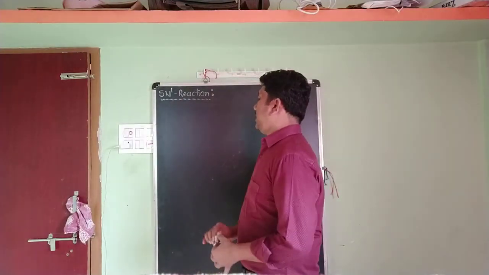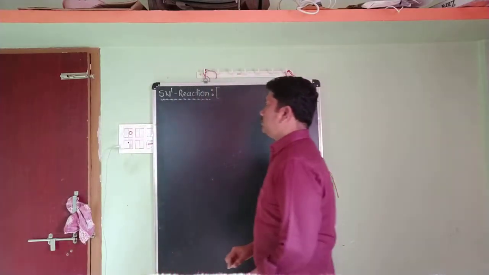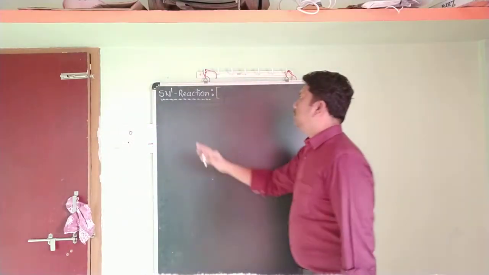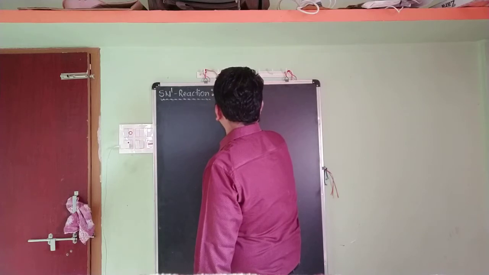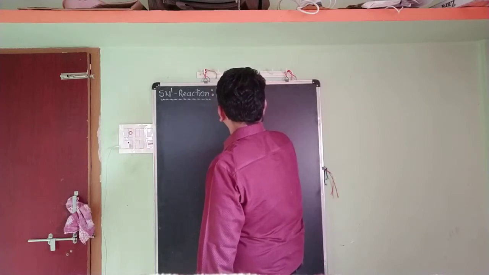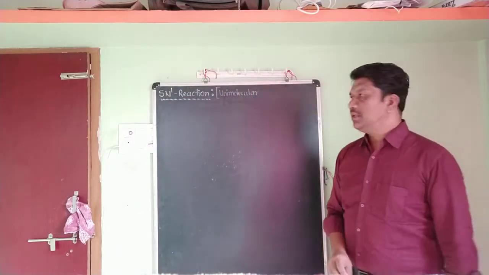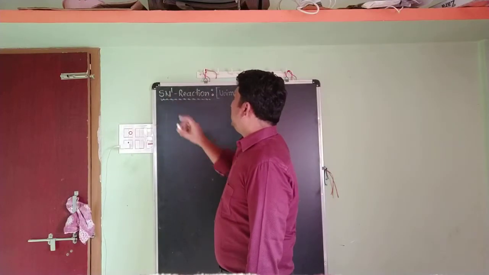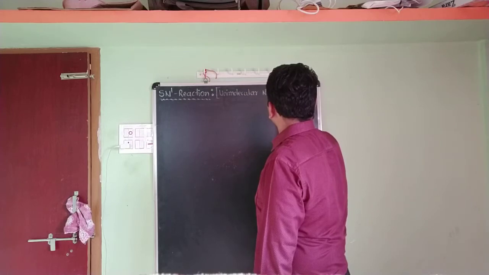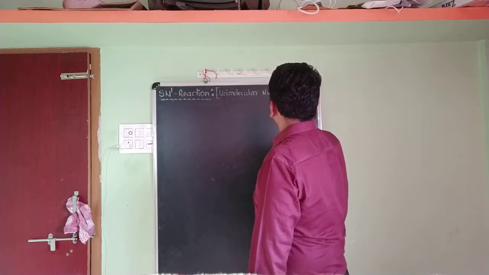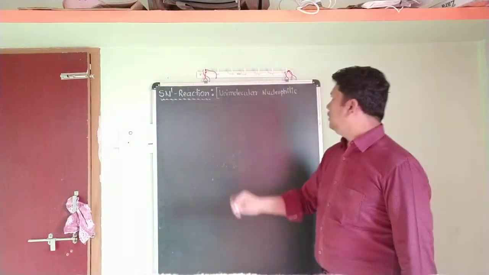What is the expansion of SN1? What is S, what is N, and what is 1 here? The 1 indicates it is unimolecular, N means nucleophilic, and S means substitution.